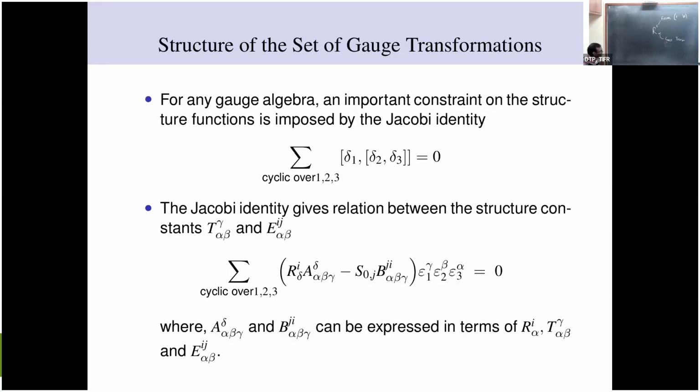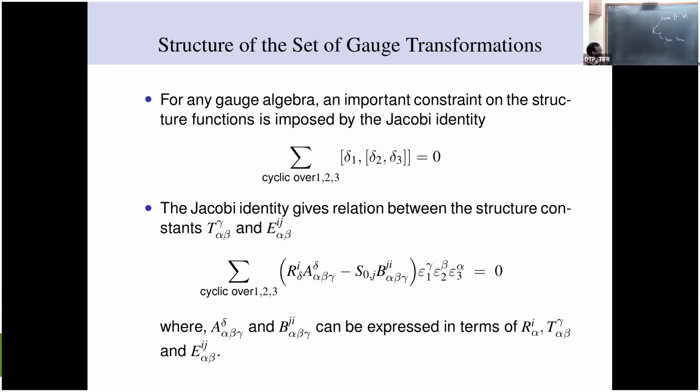Yes. And then this is what you get, which is given in terms of this A and B, where A and B are some functions of R, T, and E. So A is the part of the Jacobi identity that is proportional to the normal bit.